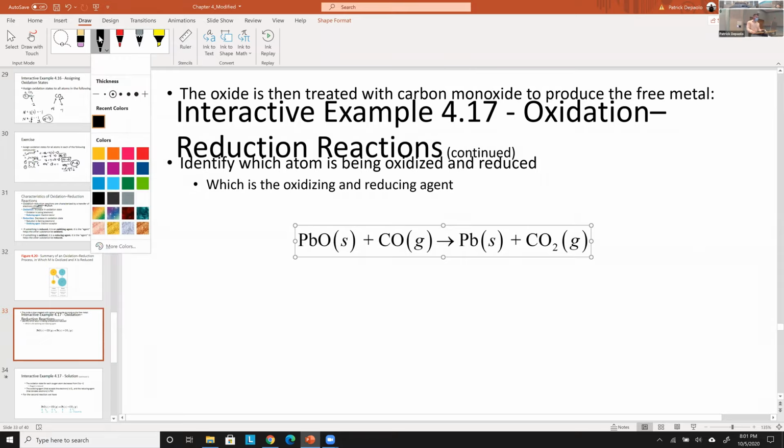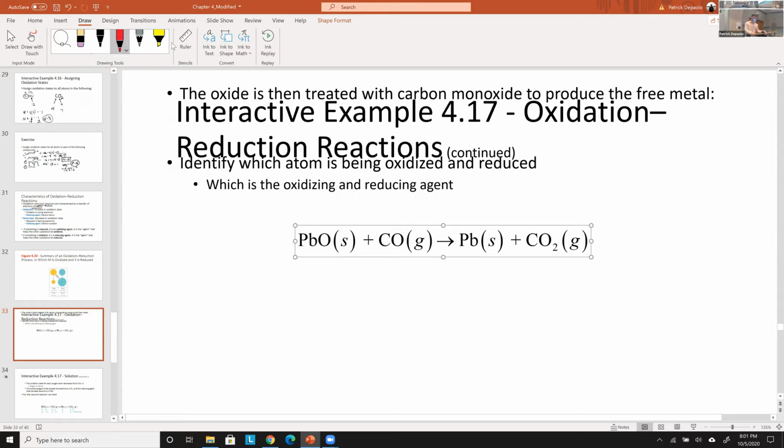Okay, so first, I draw arrows just like I did before, going through the equation and looking at the oxidation states. So oxygen, -2. What's lead in this case? Good, +2. Oxygen again, look at that, -2. What's carbon?